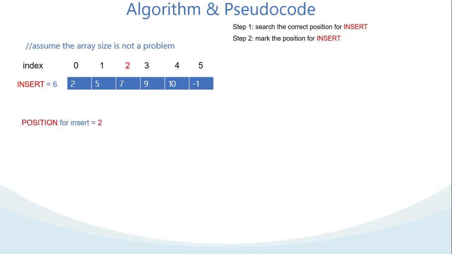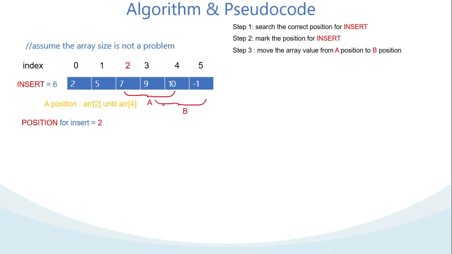I use the variable position to hold the index, which is the position to insert at. Next, we will move the array values from A position, which is array 2 until array 4, to B position, which is array 3 to array 5. And then we are ready to insert.